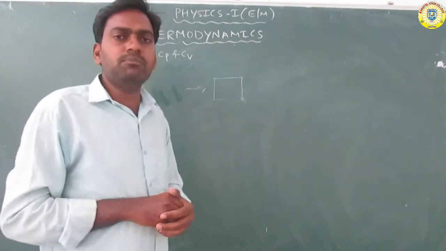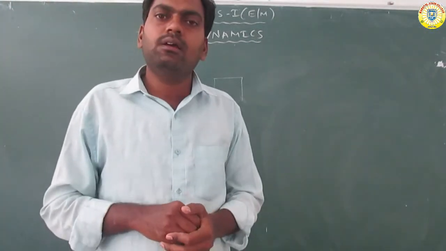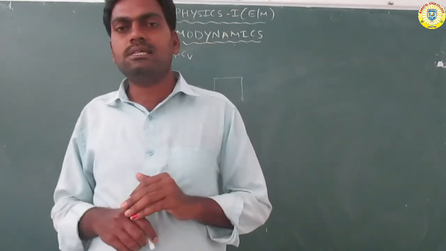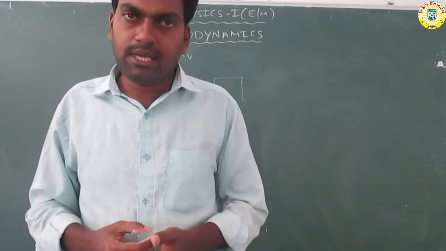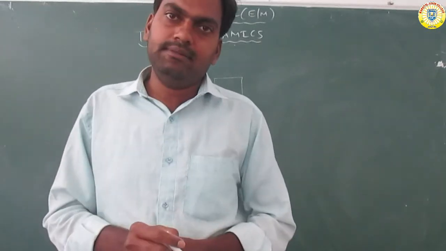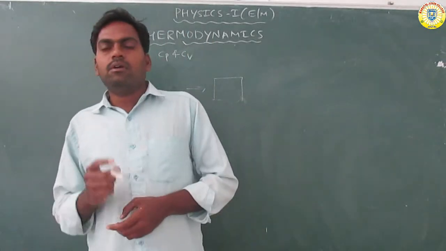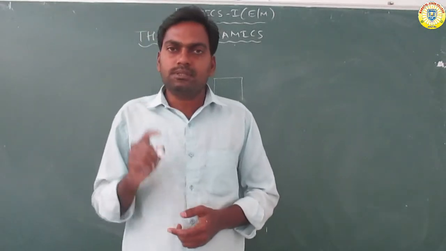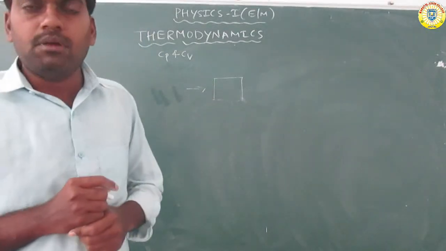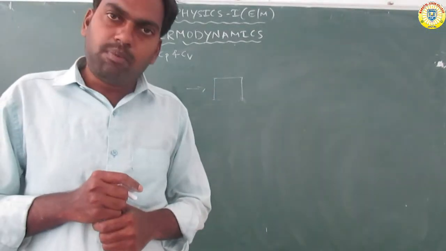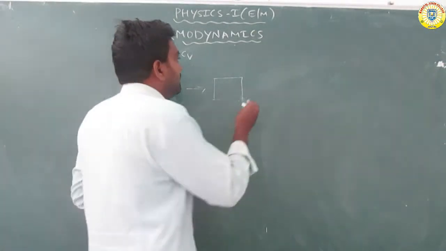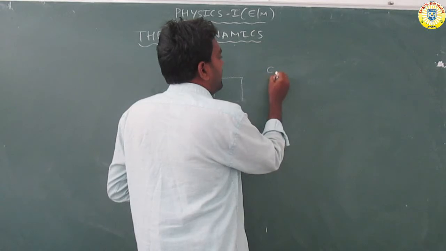What is meant by molar specific heat capacity? The amount of heat supplied to the system that increases the temperature of 1 mole of the gas through 1 degree, at constant pressure, is called the molar specific heat capacity.